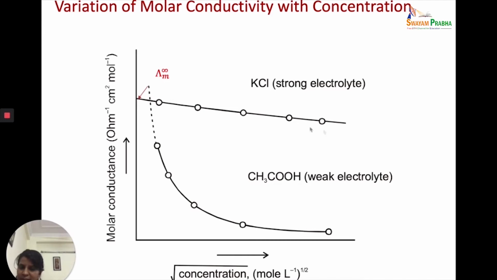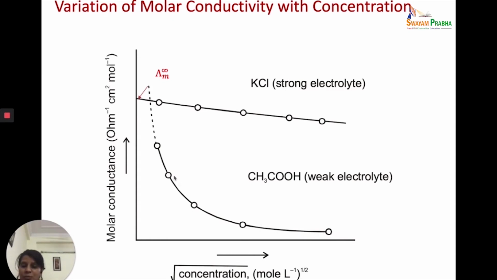There is an increase, but the increase is not much. This is the lowest value at high concentration, but at zero concentration the value is only increased to that much. So the increase is there, but the increase is very less for a strong electrolyte. Whereas for a weak electrolyte, the values at higher concentration do not change much.